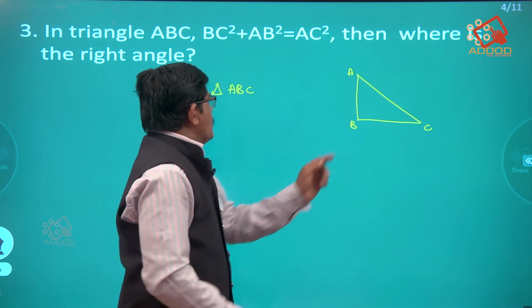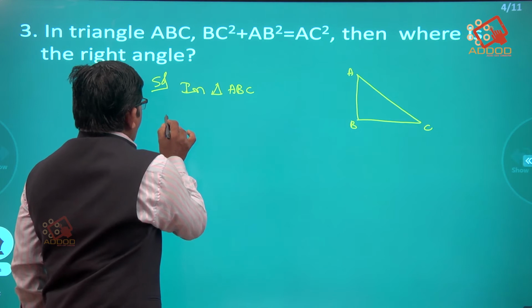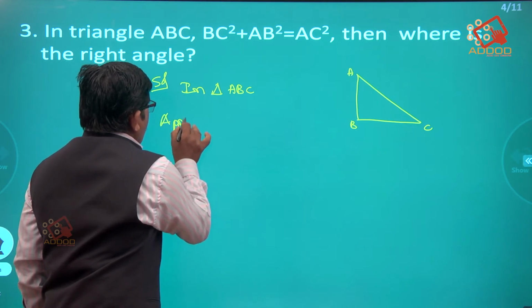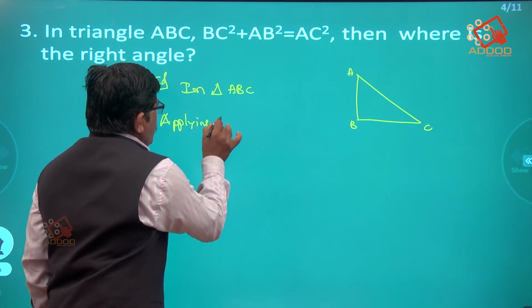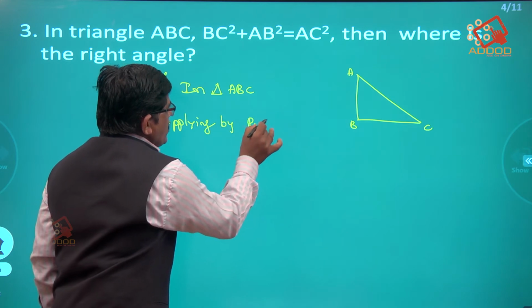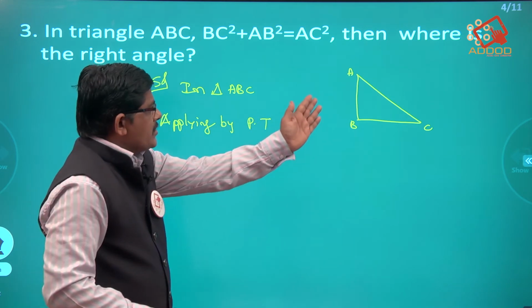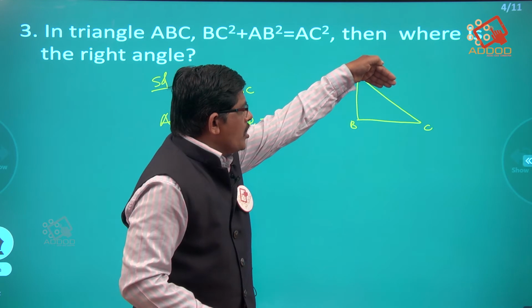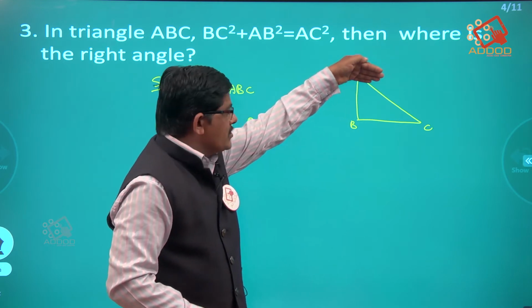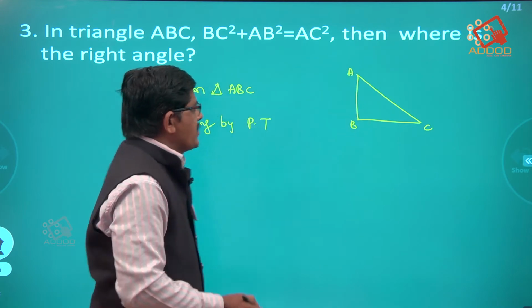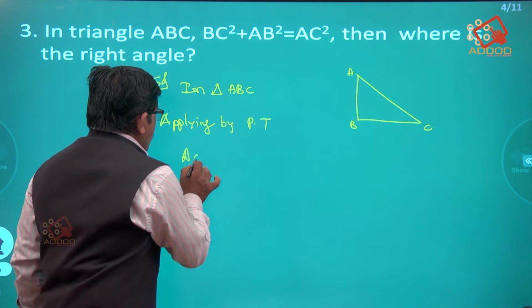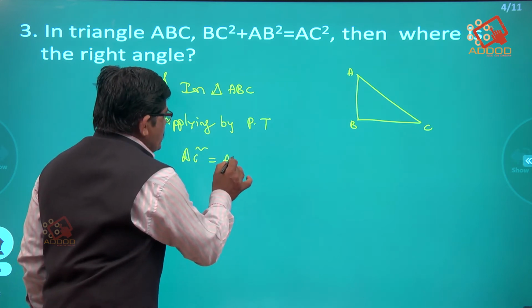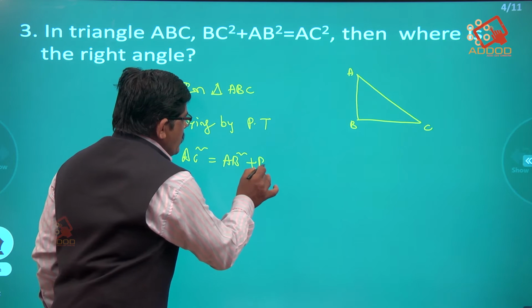Here we apply the Pythagoras theorem. What is the Pythagoras theorem? The square of the hypotenuse side is equal to the sum of the squares of the other two sides. Therefore, AC square is equal to AB square plus BC square.